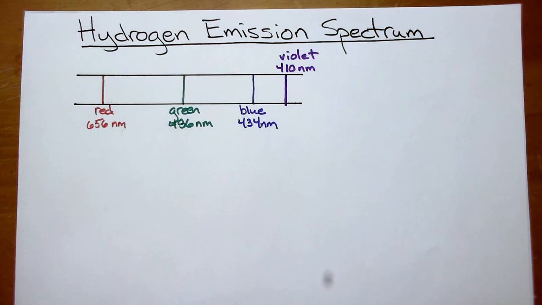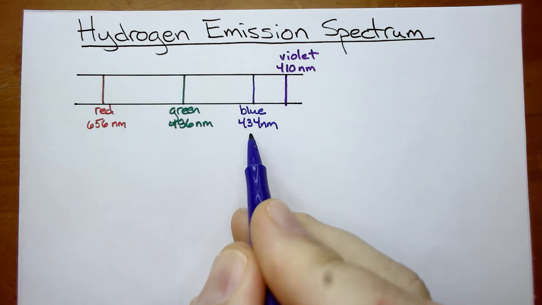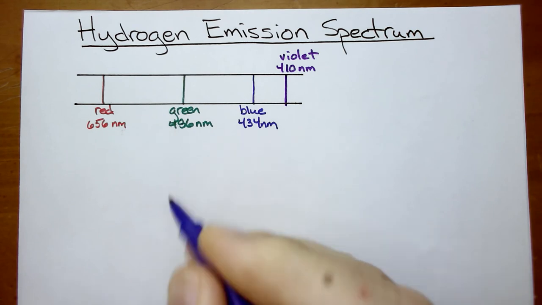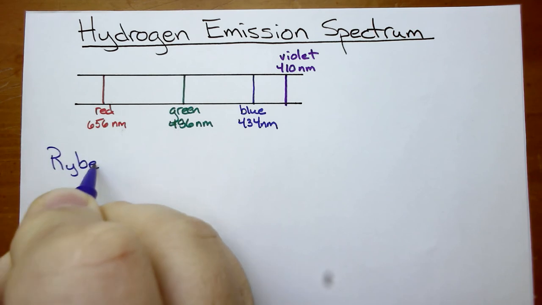Now, a high school teacher named Balmer, who was a math teacher, had figured out an equation to explain these wavelengths using integers, and it's called the Rydberg equation. So let's look at the Rydberg equation.